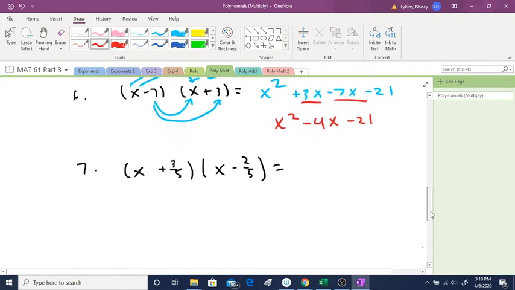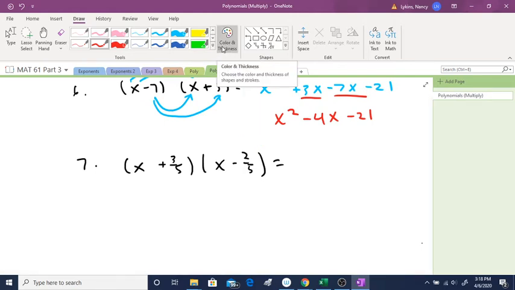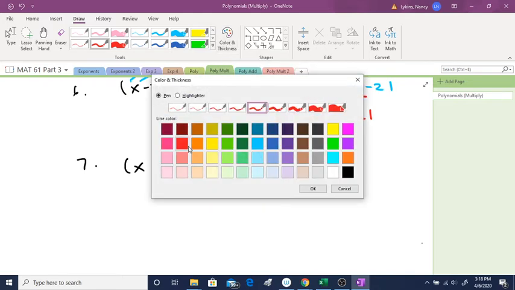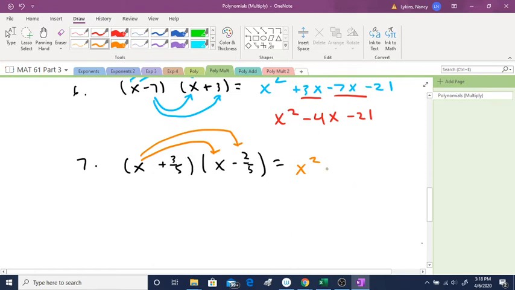Now I've got fractions. Before we turn this video off, I want you to treat this just the same. x times x is x squared. x times a negative 2/5 is negative 2/5 x. I'm going to go under. That makes that a positive 3/5 x.